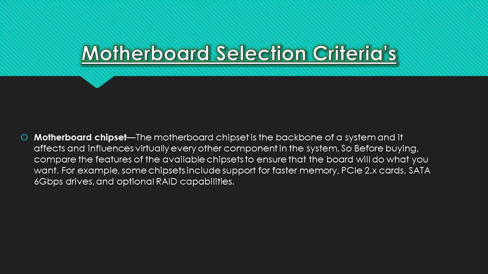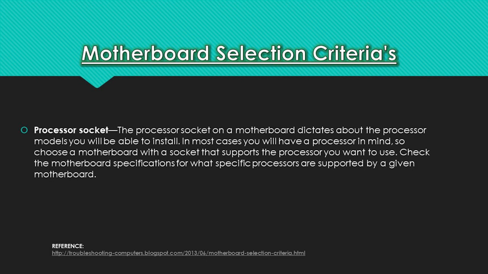For example, some chipsets include support for faster memory, for PCI, for SATA drives up to 6 Gb/s, and optional RAID capabilities. Number 2, the processor socket.